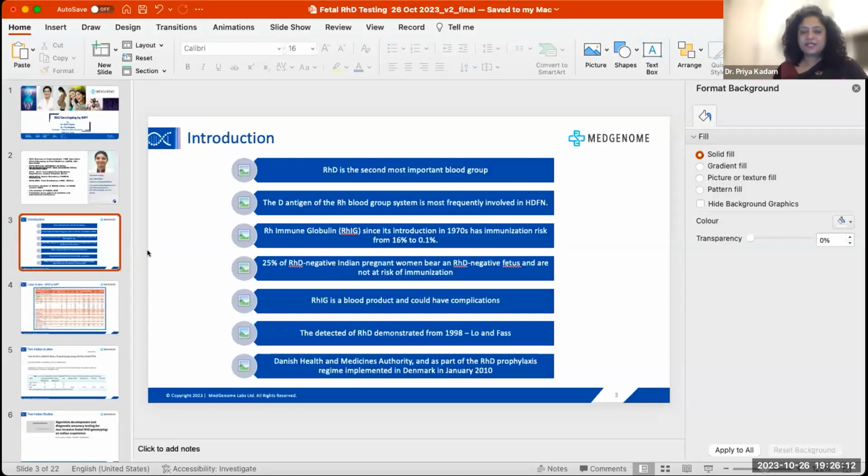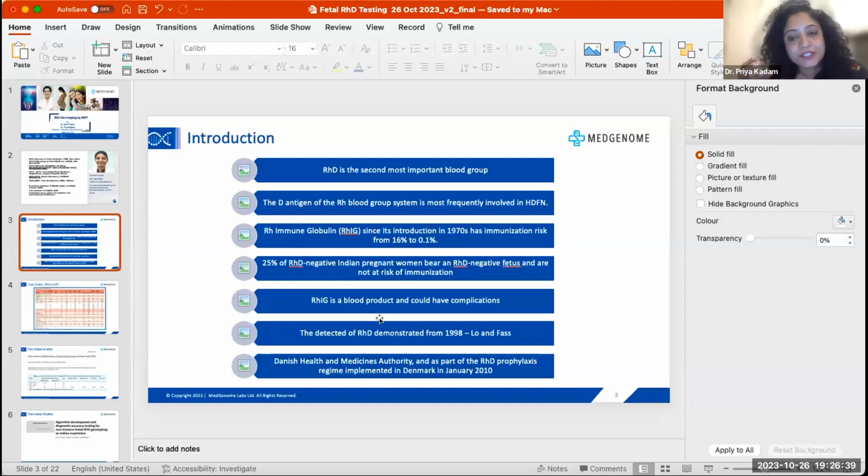Dr. Neha has actually covered most of the factors. I'll just tell you all what has been our experience. All these factors have been covered. The only thing is, when cell-free DNA was identified in 1997, one year after that, in 1998, it was already identified that the RhD genotype of the fetus can be identified through cell-free DNA testing.